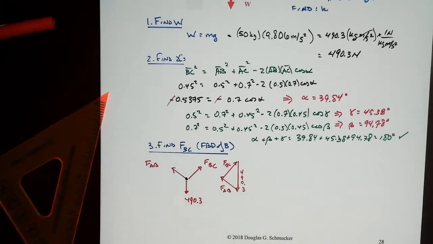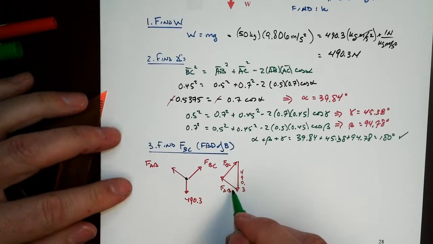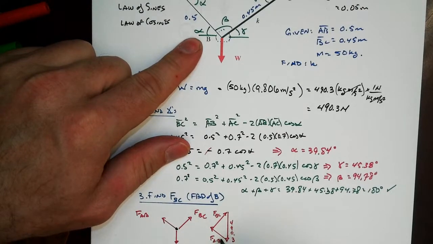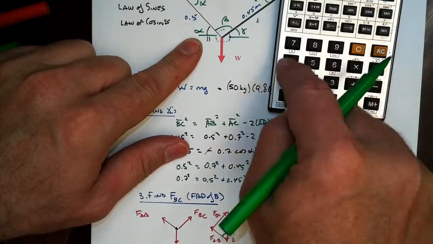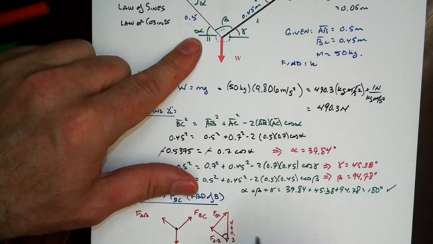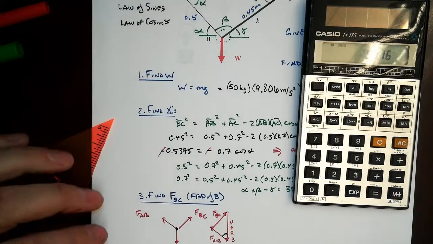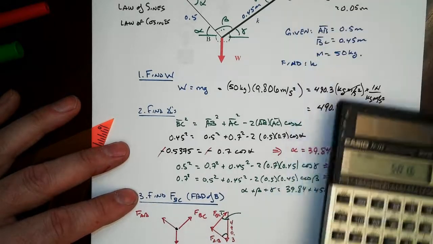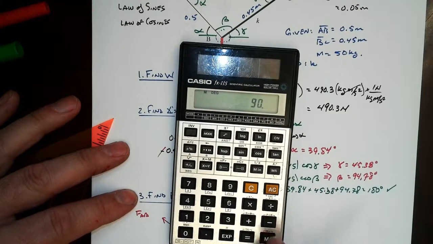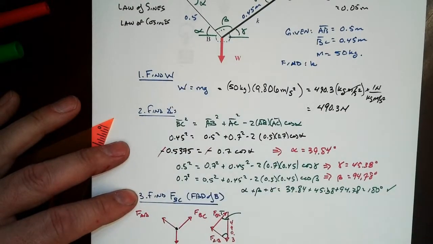FAB was at an angle of alpha with the horizontal, so 90 minus alpha would be this little angle right in there, and so that's 90 minus the 39.84, or 50.16 degrees. That's interesting. FBC is with respect to the horizontal, that's gamma, so this one will be 90 minus gamma, 45.38, equals 44.62.